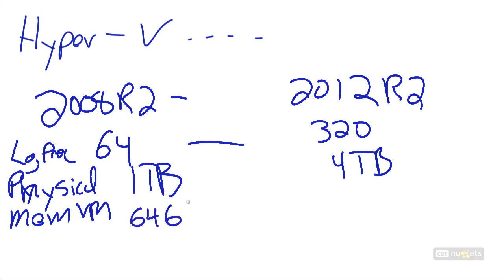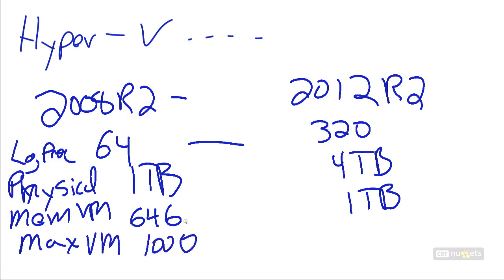And the memory now is like 1 terabyte per VM. And another number that really just blew my mind, and I remember when they were looking at the new Hyper-V 3 and what we can do, the max number of VMs was I think 1,000, which is a pretty ridiculous number, but now it's like 8,000 under 2012.